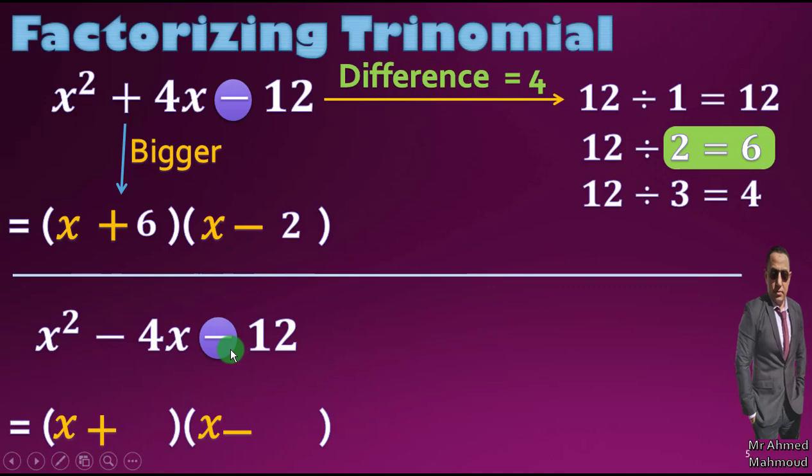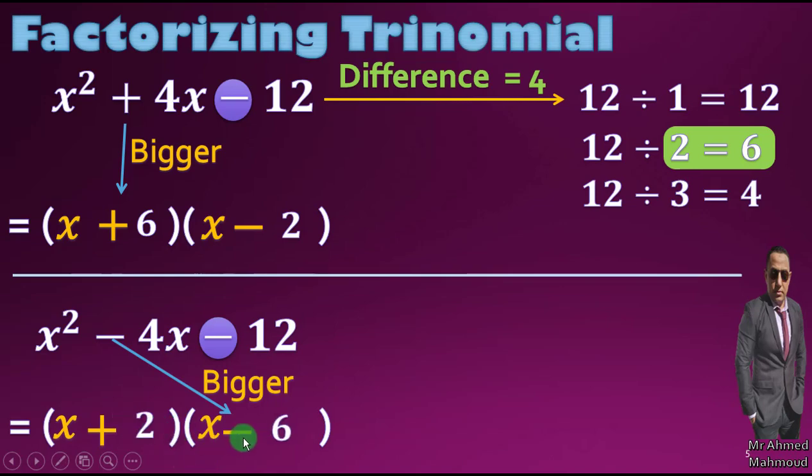I need two numbers whose difference is 4. Yes, they are 2 and 6. But now I'm going to send 6 to the sign of the middle. The sign of the middle is negative, so 6 takes the negative sign. I'm going to write 6 here and 2 here, like this.